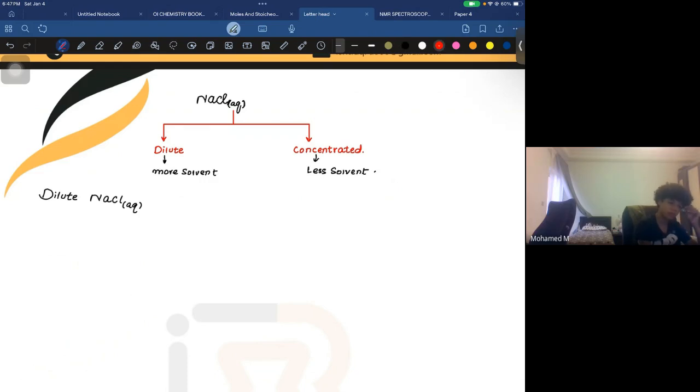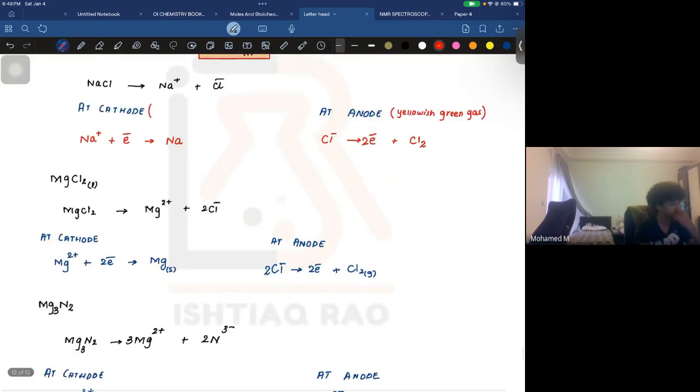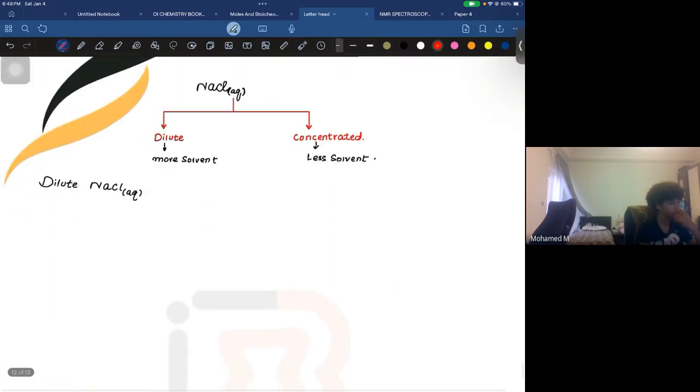When we were doing the molten case, I told you that there is no water. So when you break down NaCl, it gives you the two ions. But now the problem is that we have water as well, along with sodium chloride.